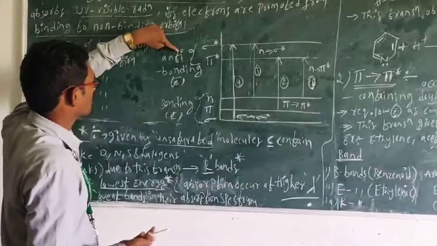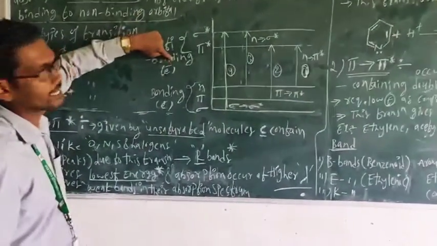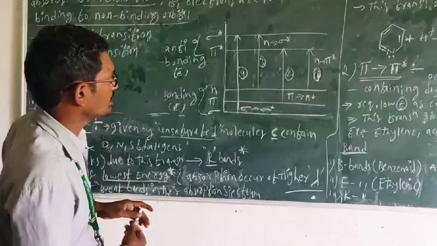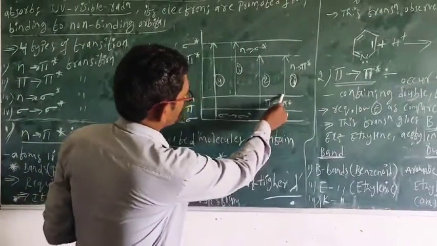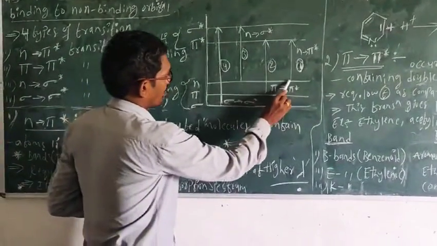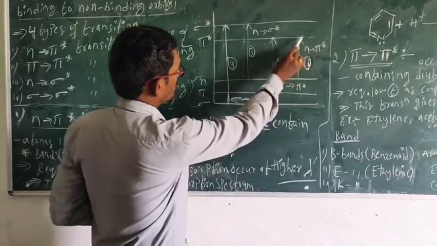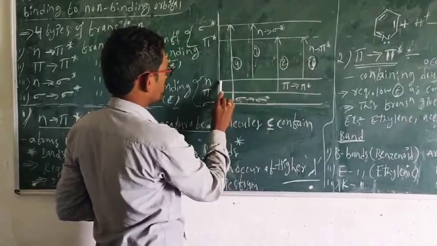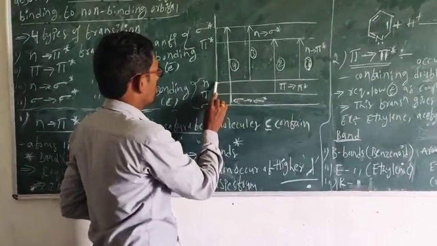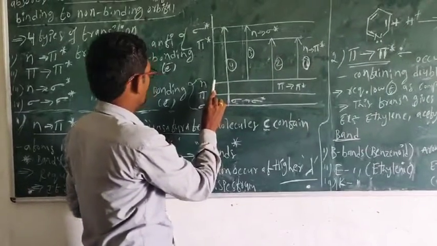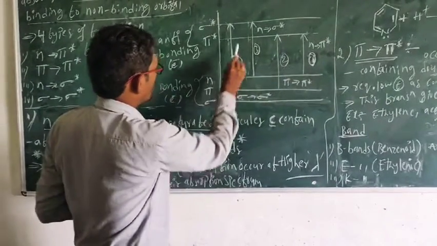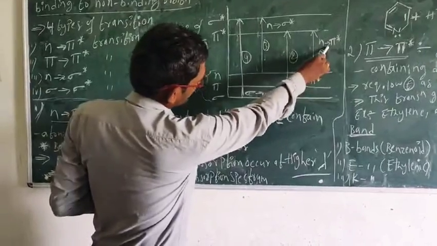According to molecular orbital theory, these are anti-bonding orbitals. This is the first one: non-bonded electrons moving to the pi star, that means n to pi star transition.